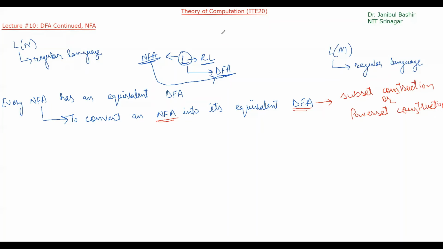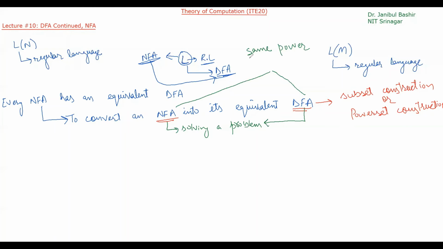Another thing that you have to remember is that since NFA and DFA are equivalent to each other, they have the same power. What does that mean? If there is an NFA, we will have a DFA for that as well. If we have an NFA solving a problem, meaning recognizing a language, then we will have a DFA for solving the same problem as well.